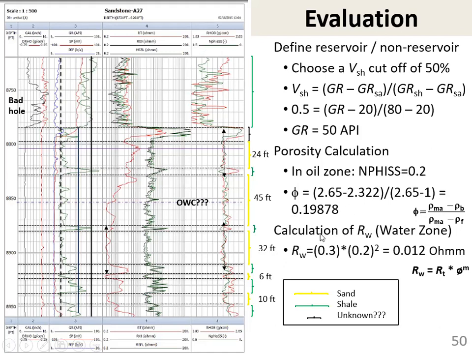The next thing now is to calculate the resistivity of water, using this relationship. This is based on Archie's formula. Since the porosity is 0.2, square 0.2.